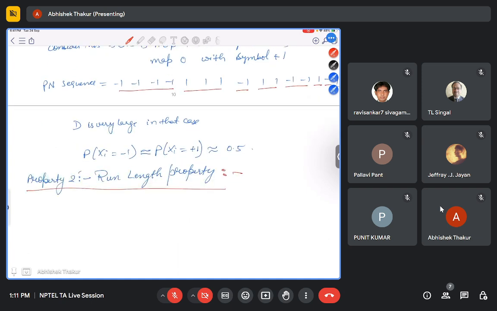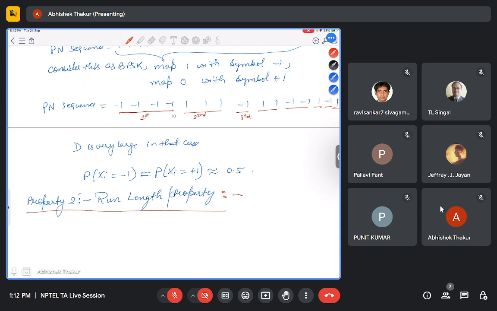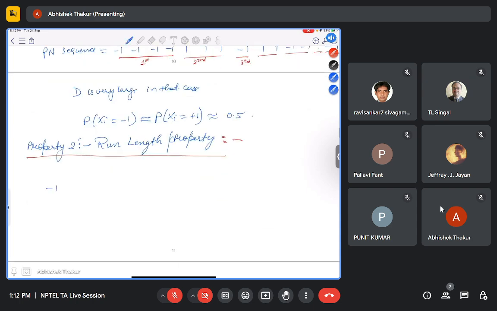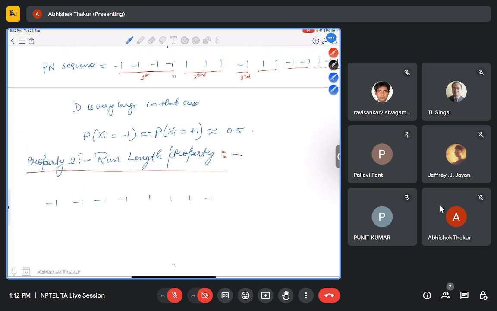So this is a run of minus 1. The total number of runs here: this is the first run, second run, third run. Let's take the example here: minus 1, minus 1, minus 1, minus 1, 1, 1, 1, minus 1, 1, 1, minus 1, 1, minus 1, 1.